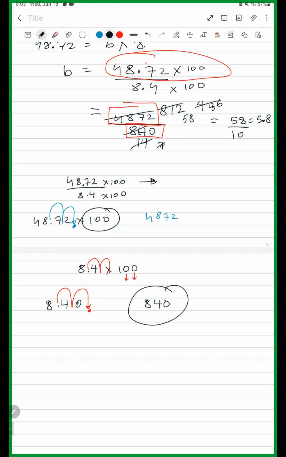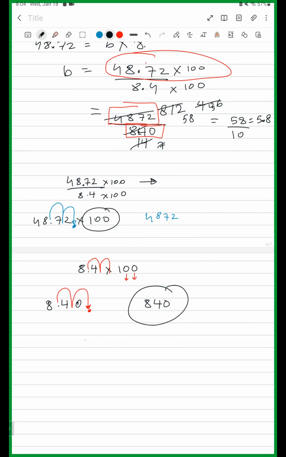Okay. But if we multiplied both the numerator and denominator with 10, we will still get like 84, right?